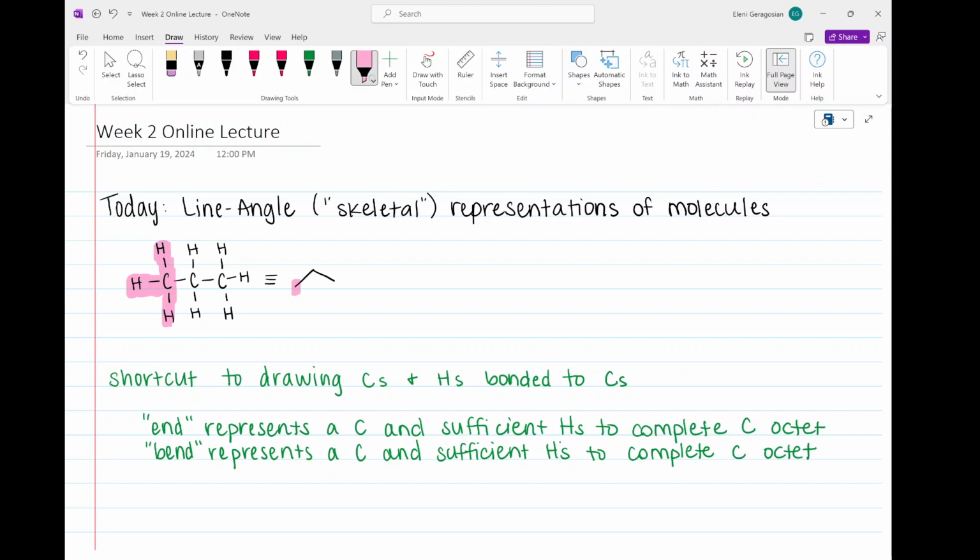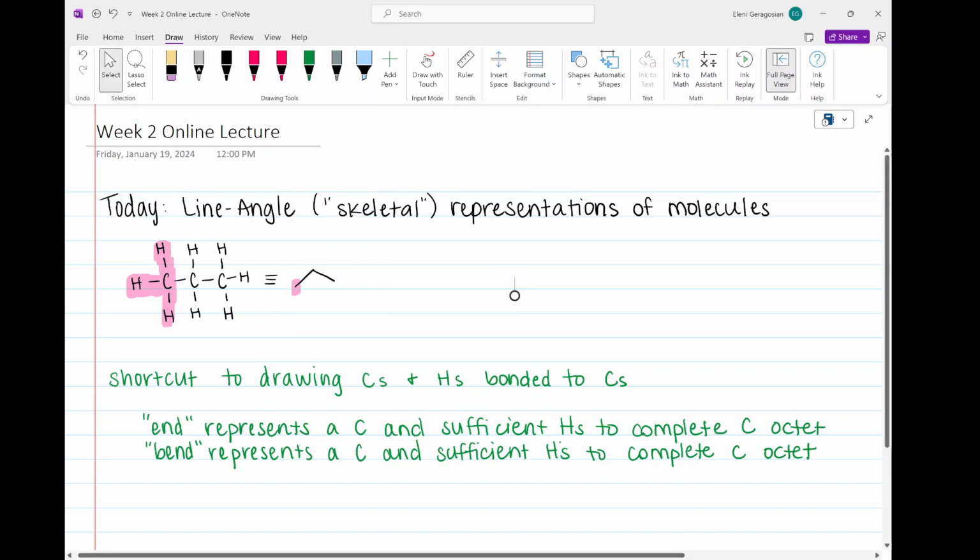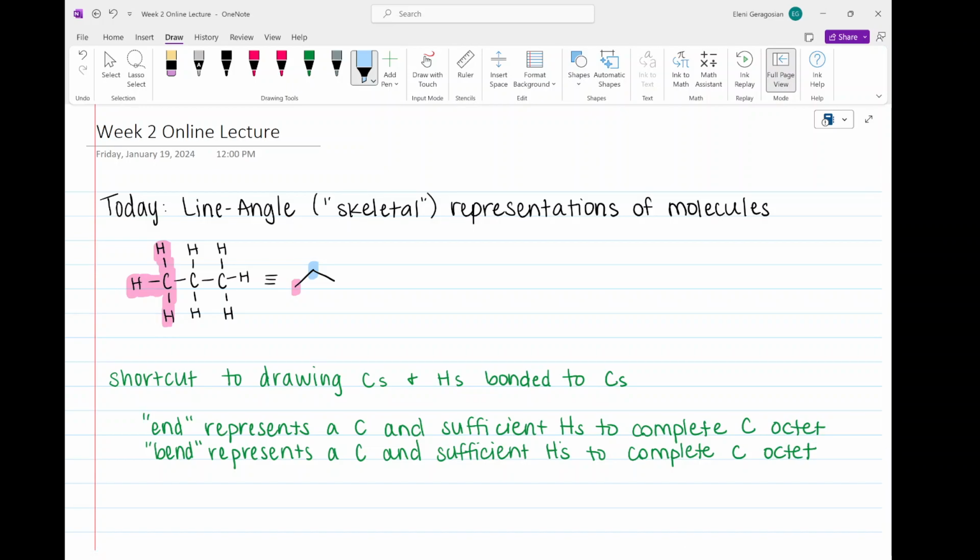So in propane, that center carbon, this bend right there that I highlighted in light blue, represents the central carbon and enough hydrogens to complete its octet. In this case, it's a CH2.